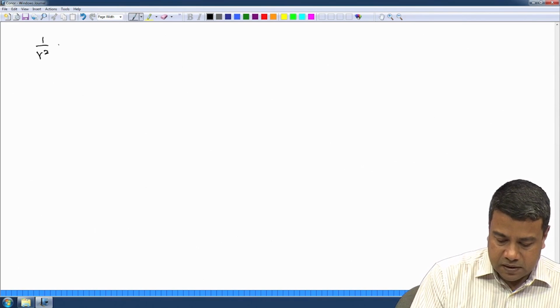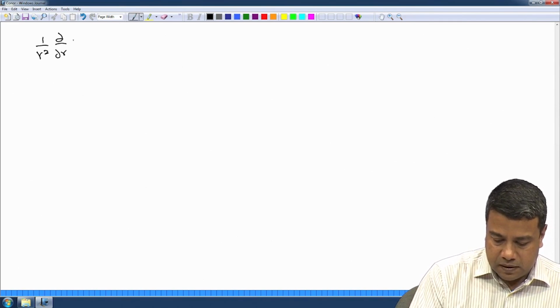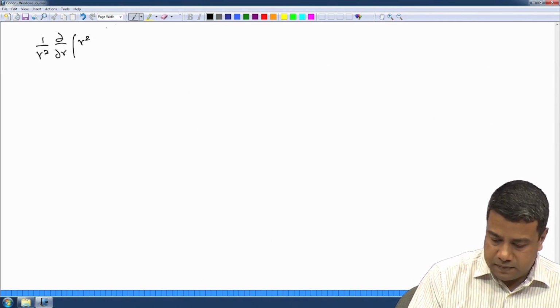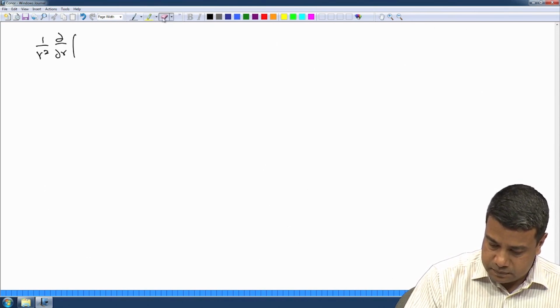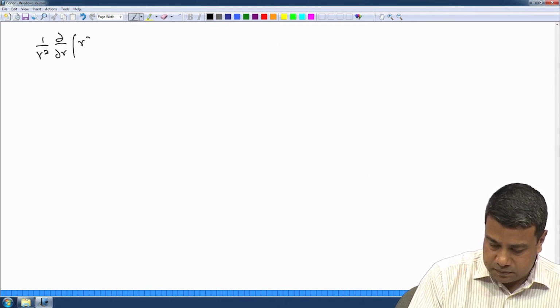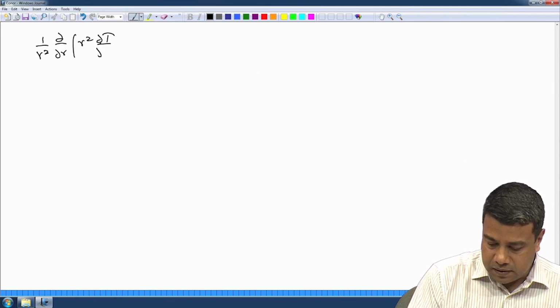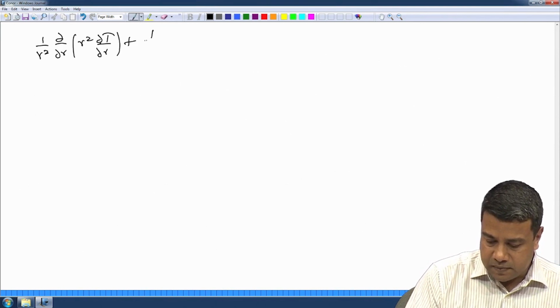Equations of the form 1 by r square d by dr of r square dt by dr plus 1 by r square sin theta.